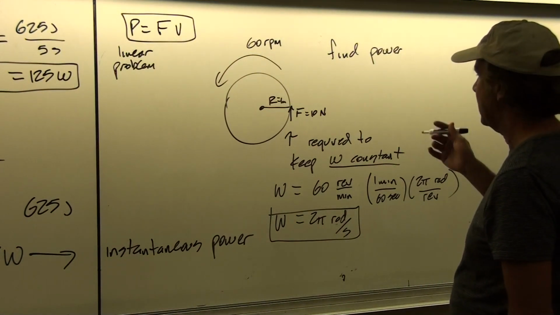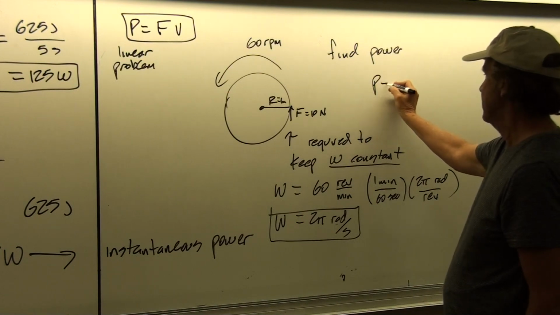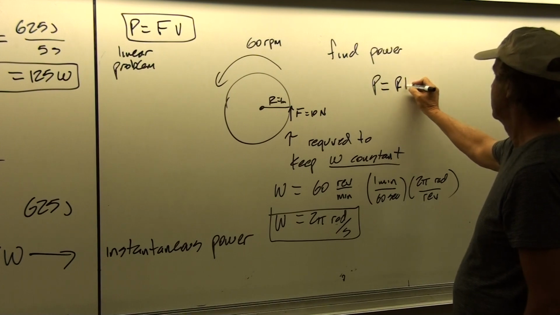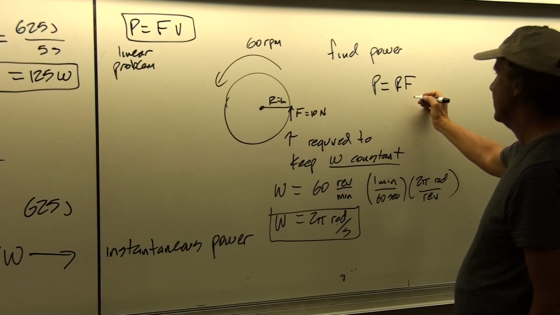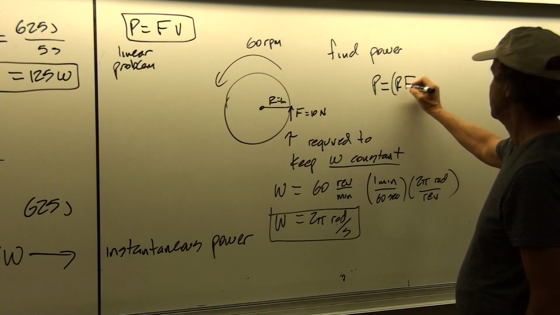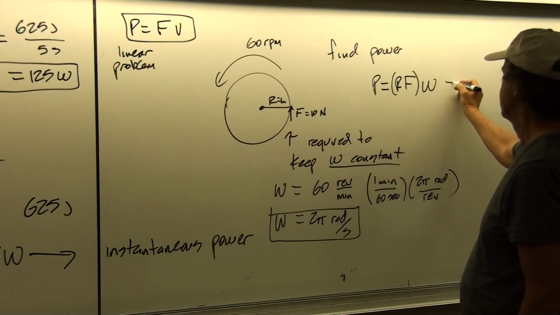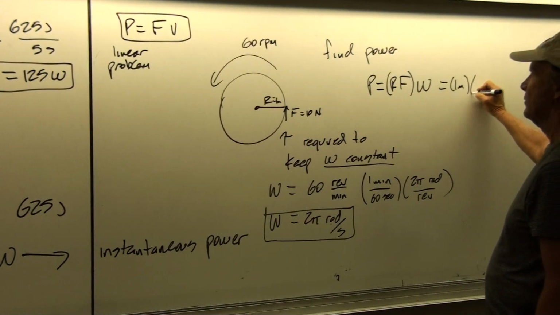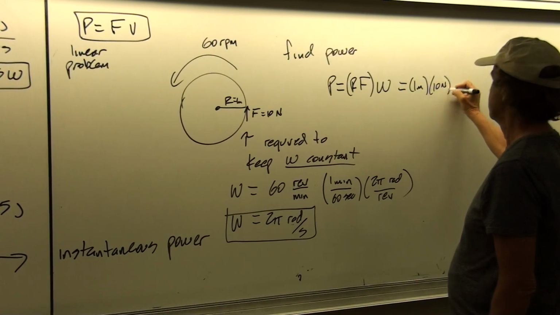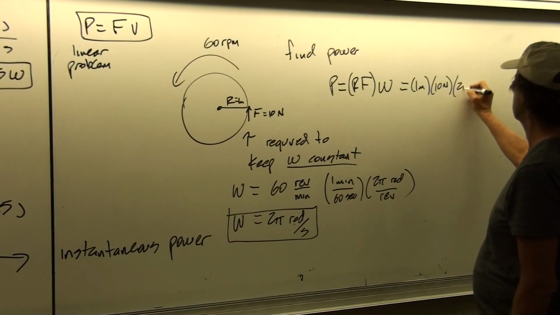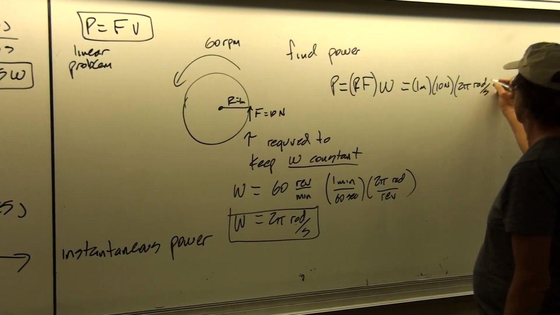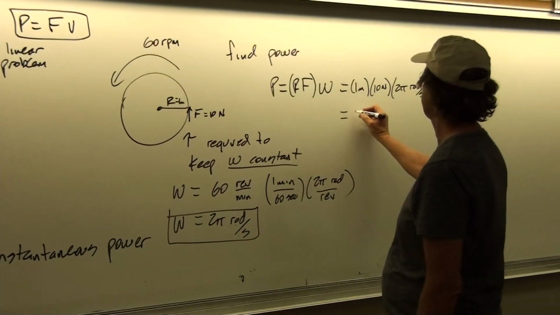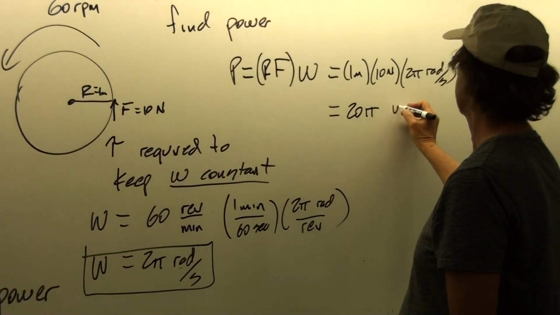In that problem, power is equal to torque, which is rF times the sine of 90, multiplied by omega, torque times omega. So that's 1 meter times 10 newtons times omega, which is 2 pi radians per second. That gives us 10 times 2 pi, which is 20 pi watts.